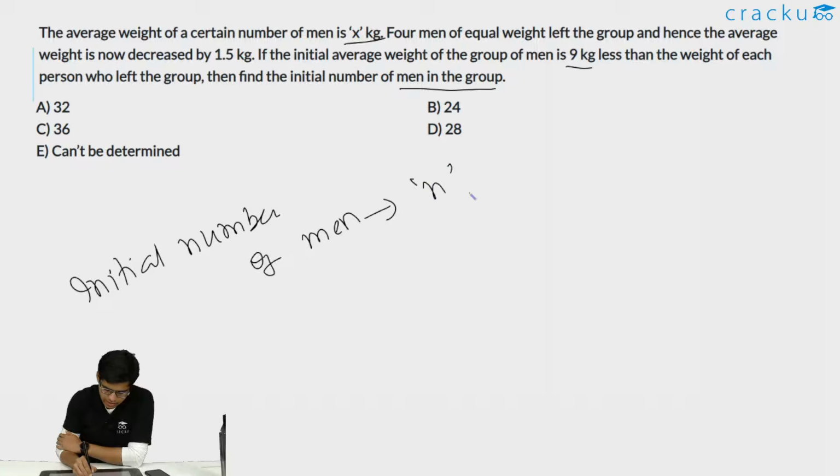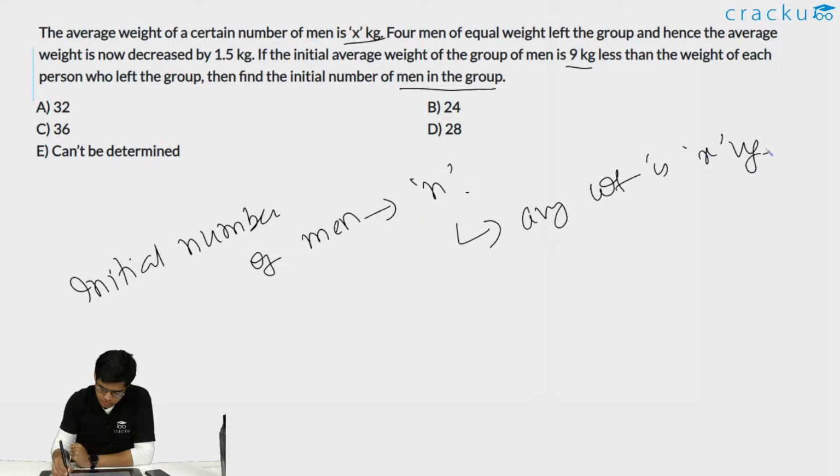Let the initial number be n. Now the average weight of the certain number of men is x kg. Now 4 men of equal weight left the group and hence the average weight is now decreased by 1.5 kg. Let's say the equal weight is a kg.